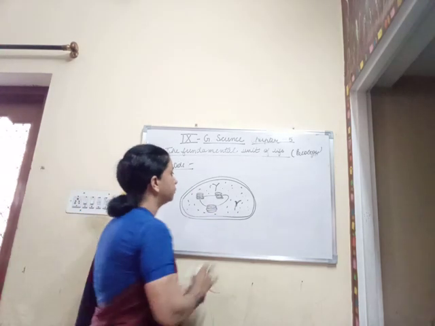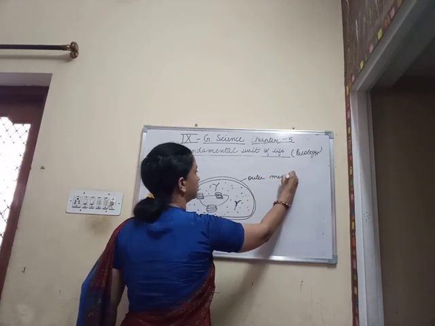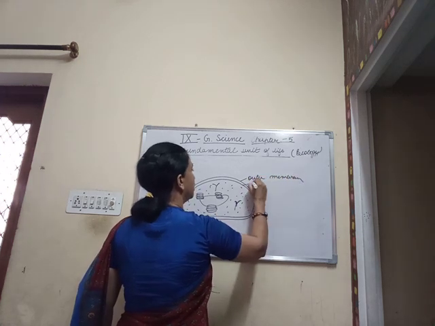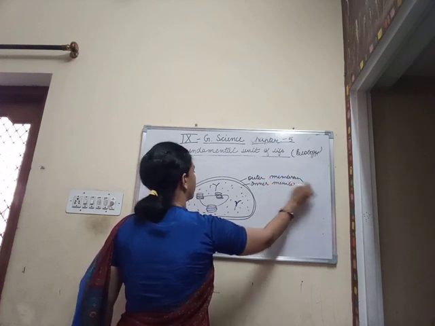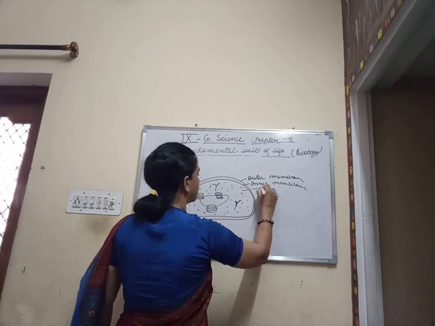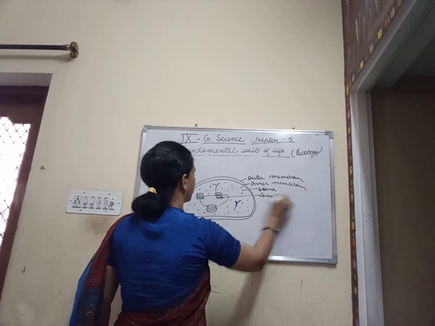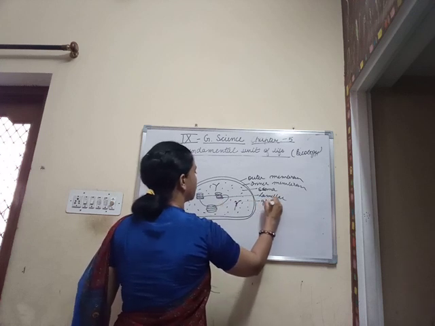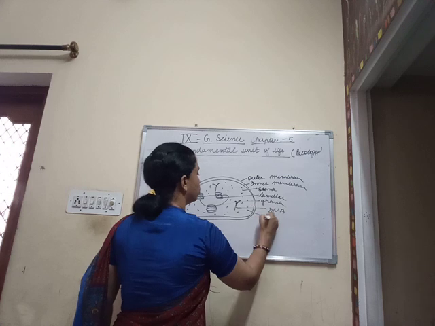This is the outer membrane, this is the inner membrane, then this is the stroma. This is the lamellae. These are the granas. This is the DNA, and these are the ribosomes.